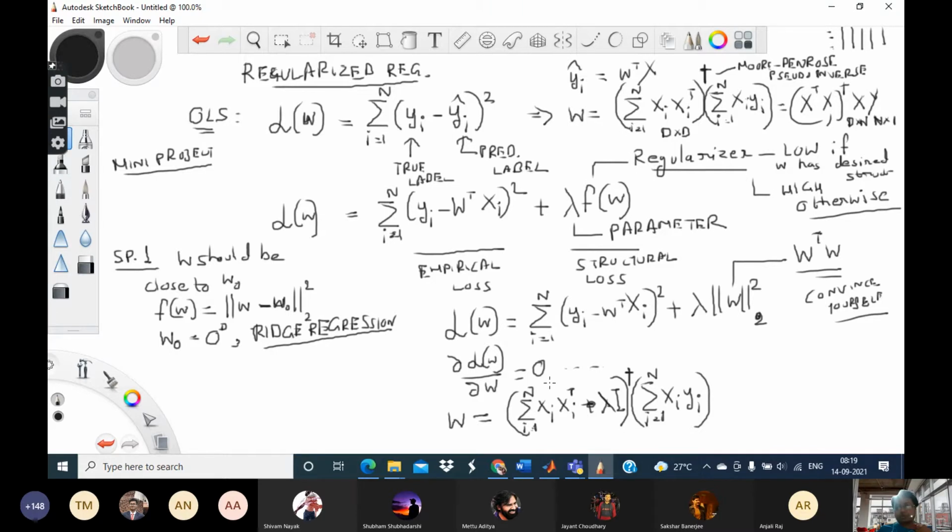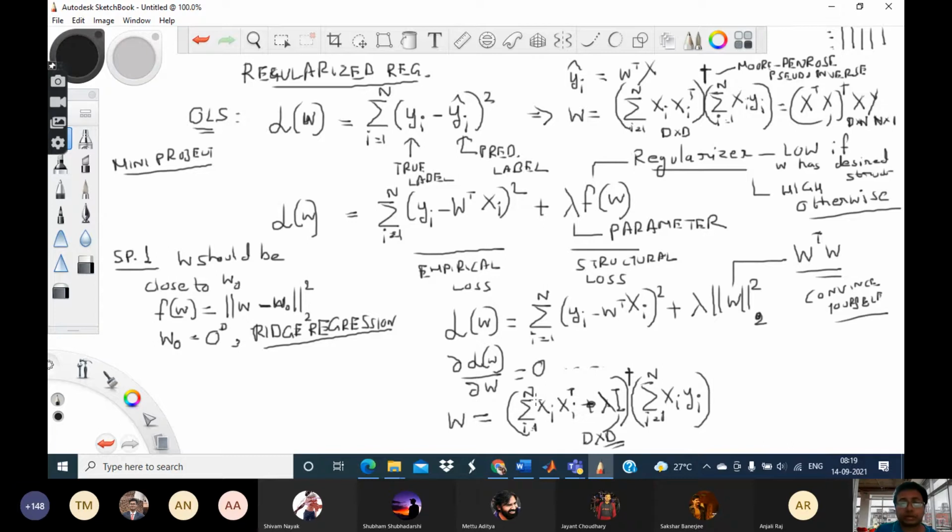Okay, so you can see that this factor of lambda I is the only thing that is the difference between linear regression and ridge regression, where I is of course the d cross d identity matrix.